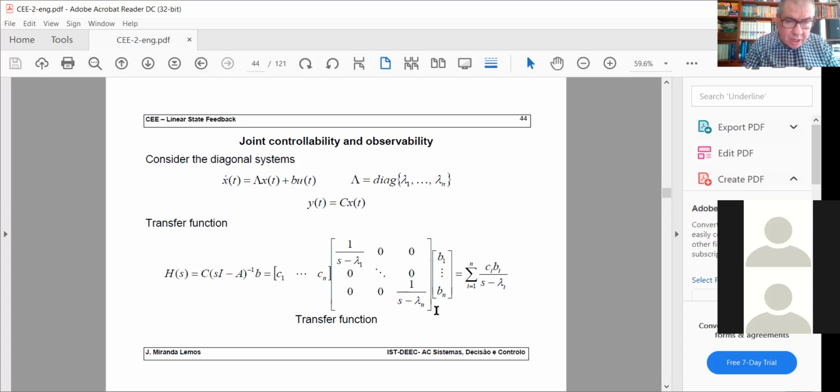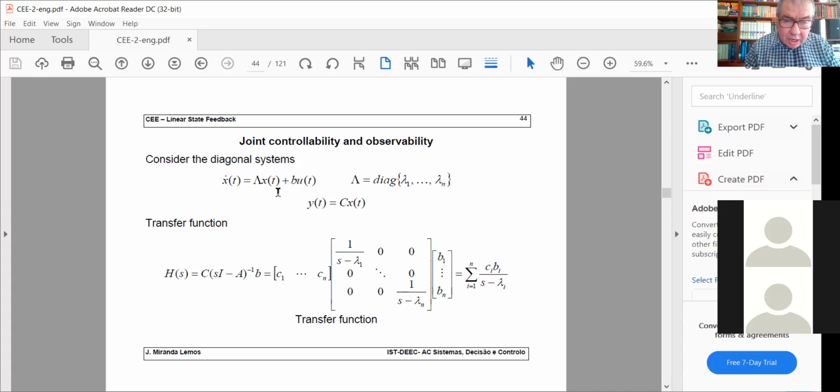If you do these computations, you get a summation of terms that are Ci bi divided by s minus lambda i. In general, you have n terms, where n is the order of the system, the dimension of the state. So in general, the order of the transfer function is the dimension of the state.